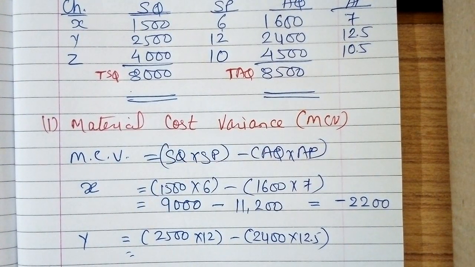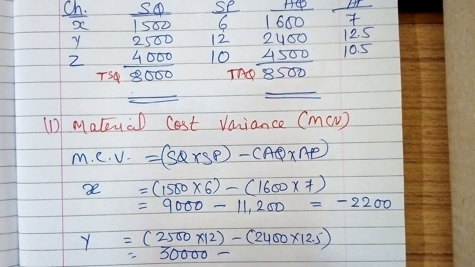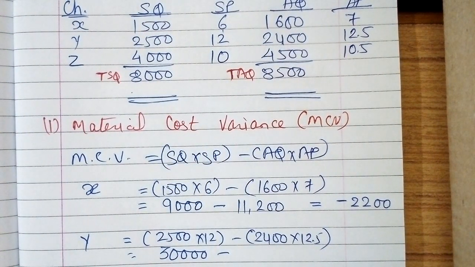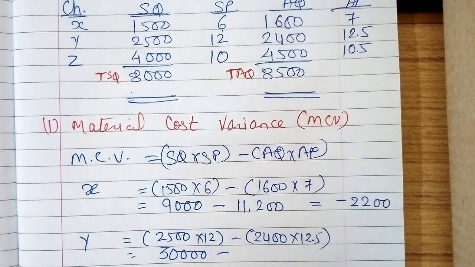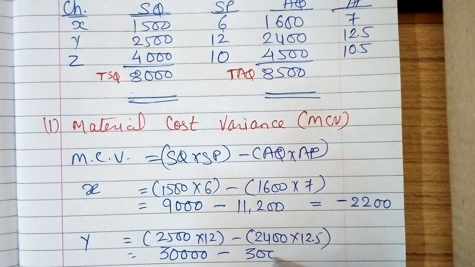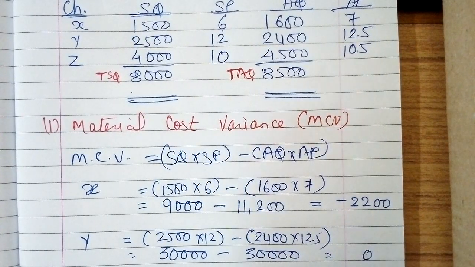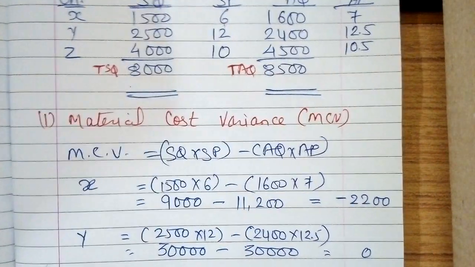So 2,500 into 12, so that would be 30,000 minus 2,400 into 12.5. So that also would be 30,000. So here the variance is 0.